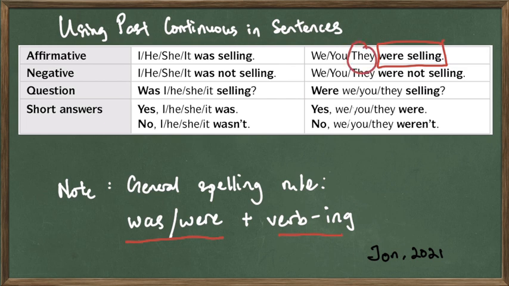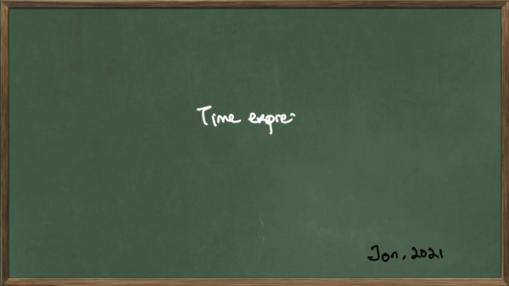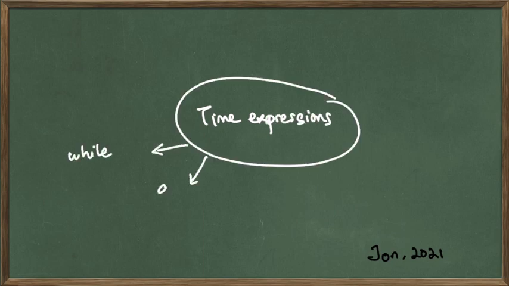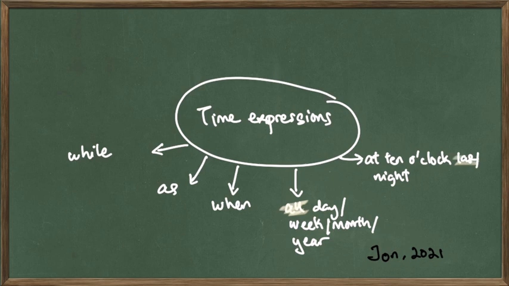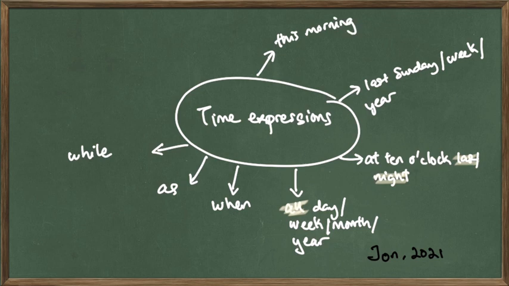So let's proceed to the time expressions used with the past continuous. We have while, as, when, all day, all week, all month, or all year, at 10 o'clock last night, last Sunday, last week, last year, this morning.